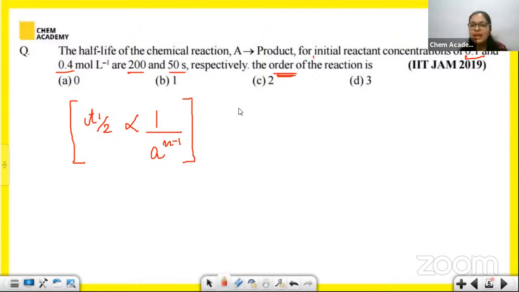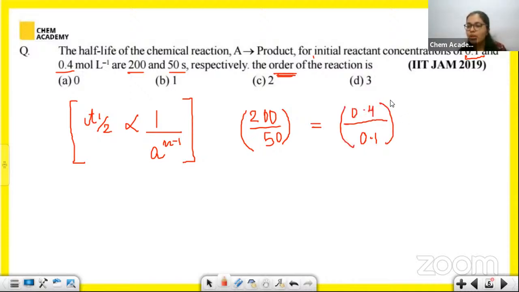So, we will take 200 divided by 50. We divided the half-life times of the two, which will be equal to, now since this is inversely proportional to the initial concentration, we know that the initial reaction had half-life time 200. So the initial concentration would come in the denominator, and the initial concentration for 50 seconds will come in the numerator, right?